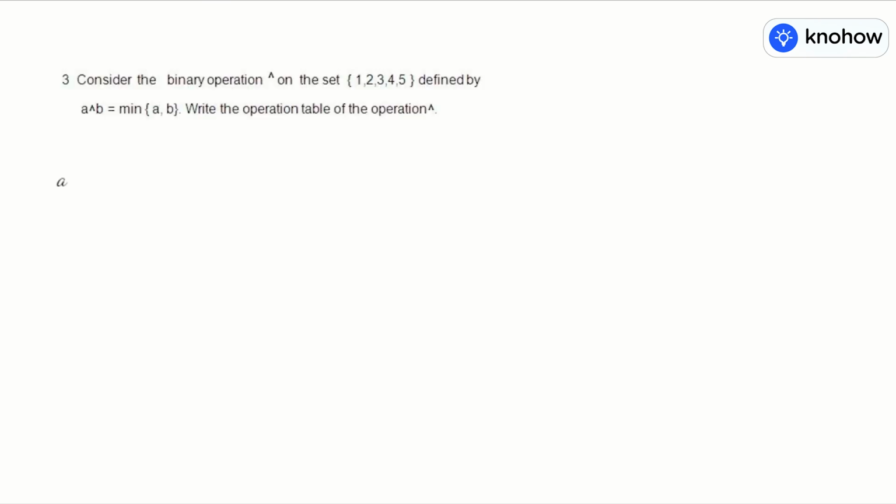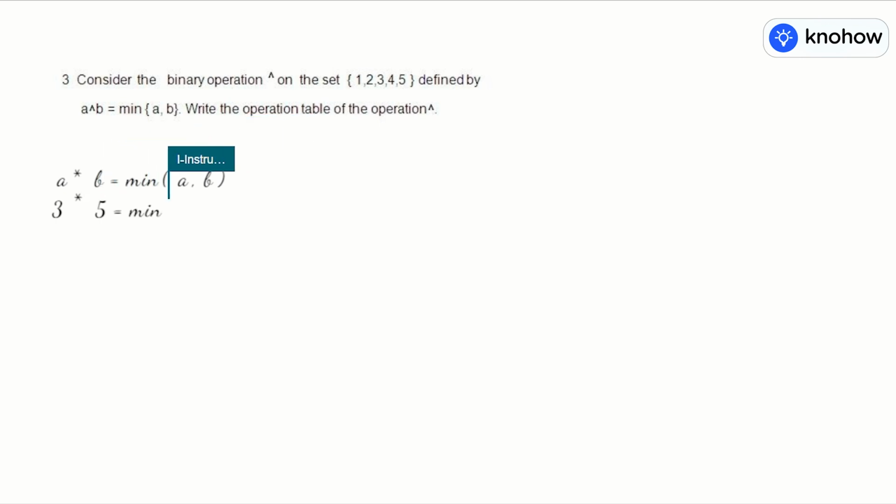Operation on the set 1, 2, 3, 4, 5 defined by A star B is the minimum of A and B. Write the operation table. Now first of all let me define this A star B. How is it defined? He says A star B is defined as the minimum of A and B. For example, what is 3 star 5?